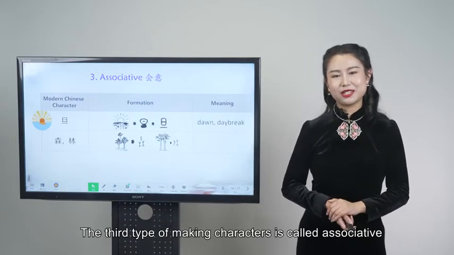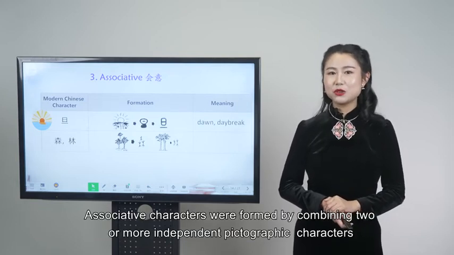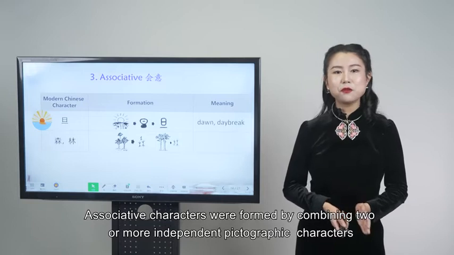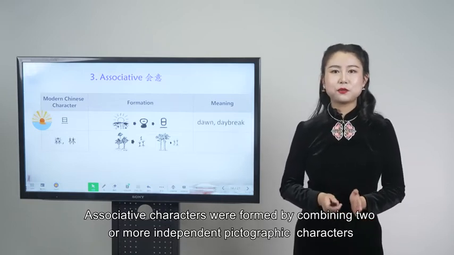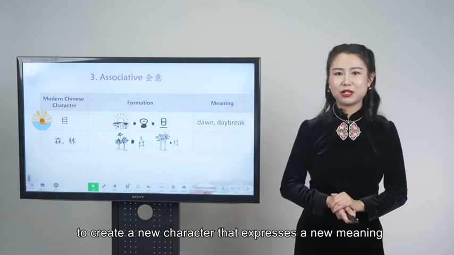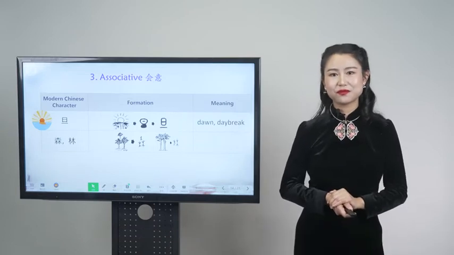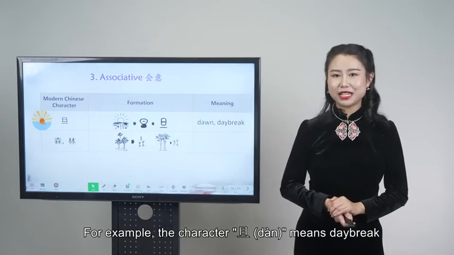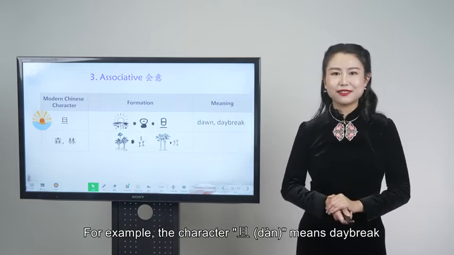The third character is called associative. Associative characters are formed by combining 2 or more independent pictographic characters to create a new character that expresses a new meaning. For example, the character 旦, it means daybreak.